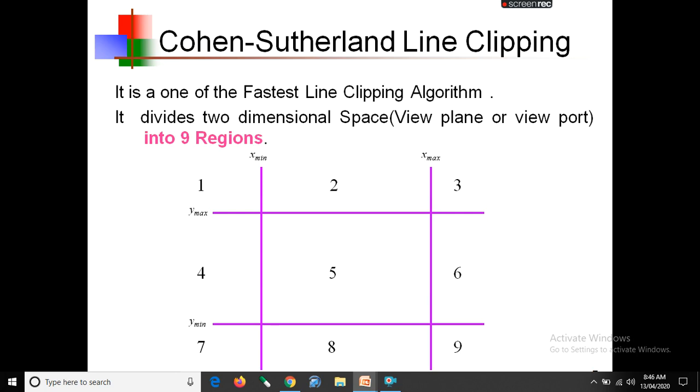This is one of the advantages of the Cohen-Sutherland line clipping algorithm. So let's begin with the steps in the Cohen-Sutherland line clipping algorithm. We'll go step by step, and you will get clarity on how we can clip a given line segment.